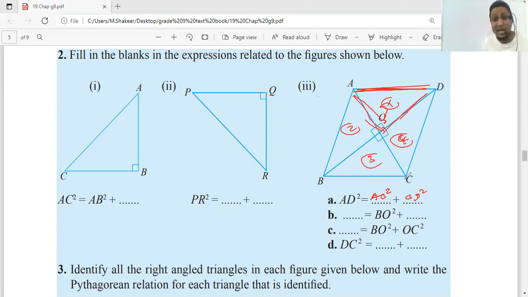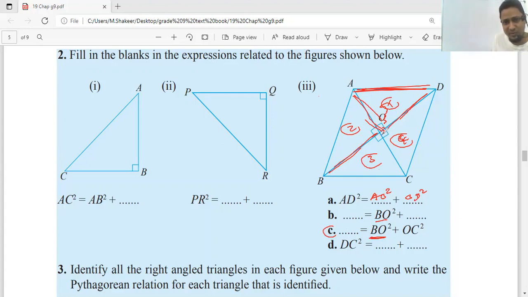Right, okay, next one. We have to find BO. The problem is there's another BO also there. So I'll move to the C part first, because in C part they've given two sides. Where's BO? This is BO. Then where is OC? OC means this one.